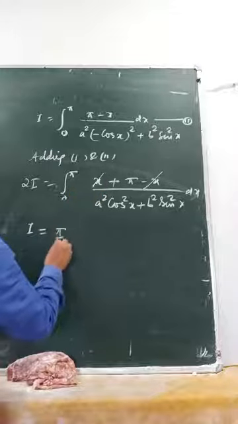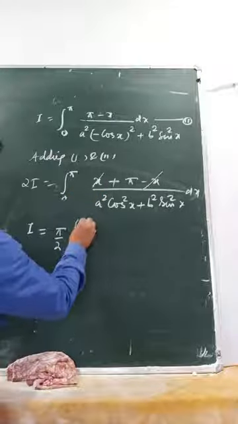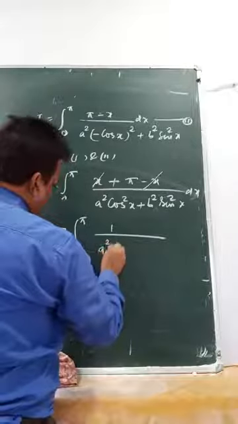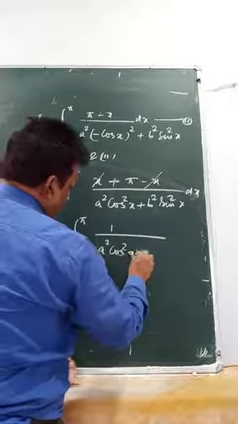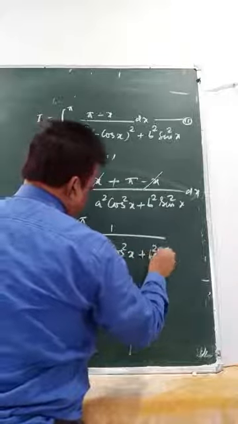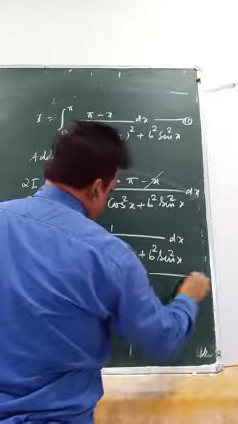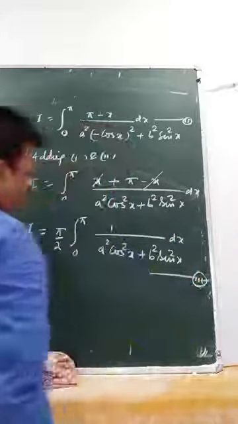Pi by 2, 0 to pi, 1 by a square cos square x plus b square sin square x. So it is equation number 3. Okay.